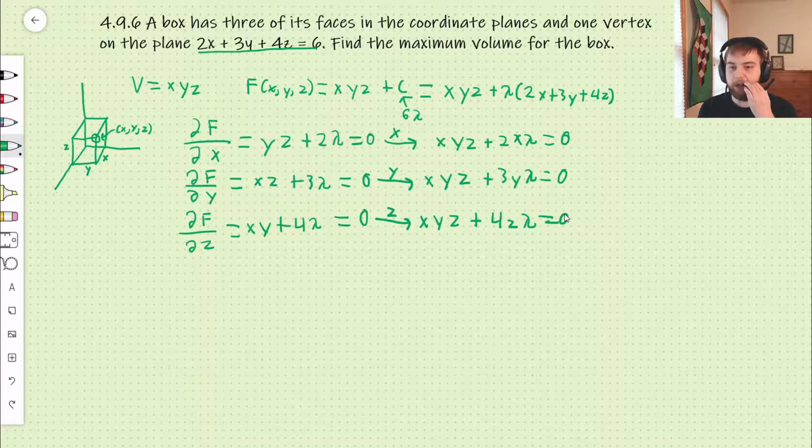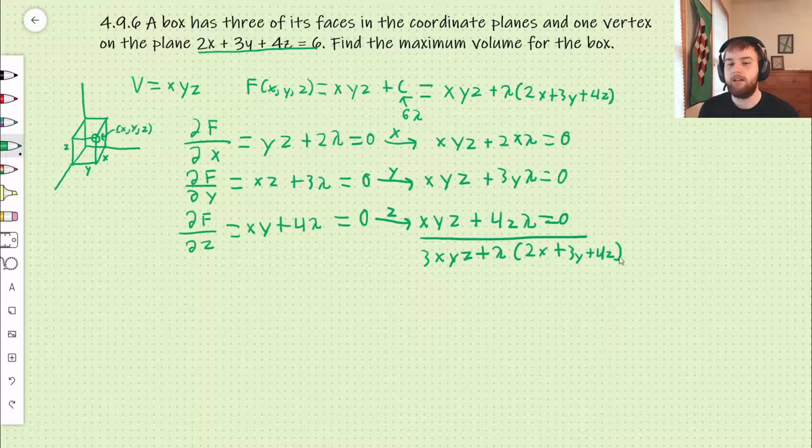What we're going to do here is sum these all. So this gives us 3xyz plus, we're going to distribute out the lambda, 2x plus 3y plus 4z, and this all equals 0 still.